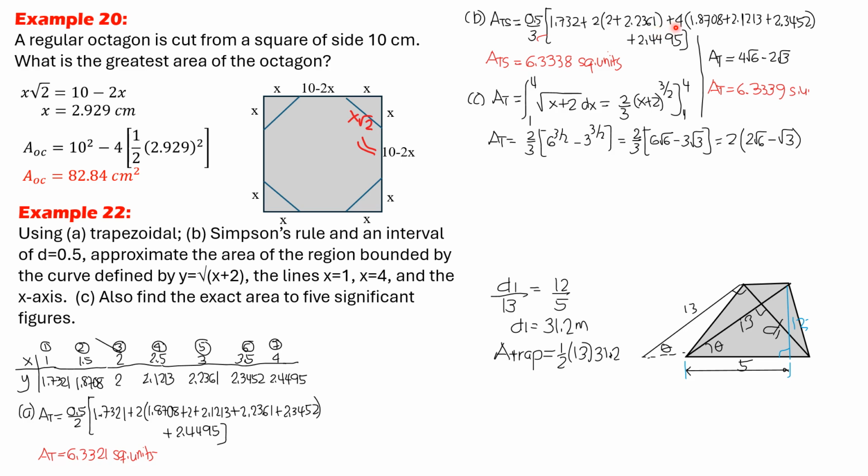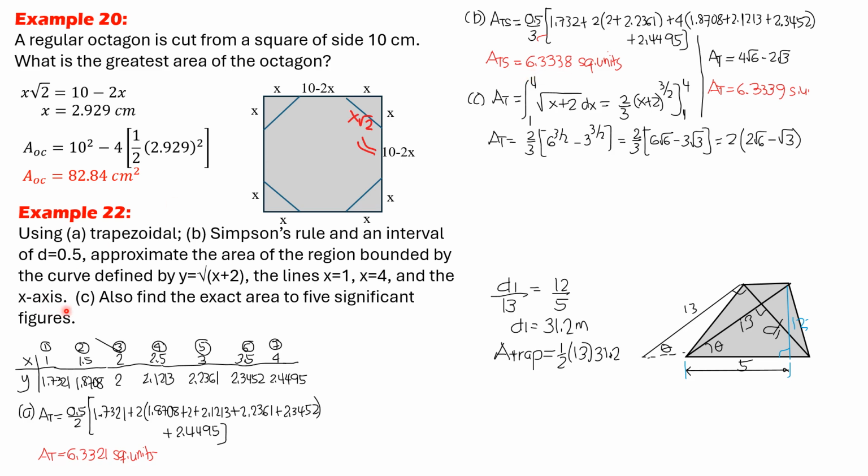Plus 4 times the summation of H even, which consists of H2, 1.8708, H4, which is 2.1213, and H6, 2.3452. Then plus Hn, 2.4495. Using your calculator, it is 6.3338 square units.